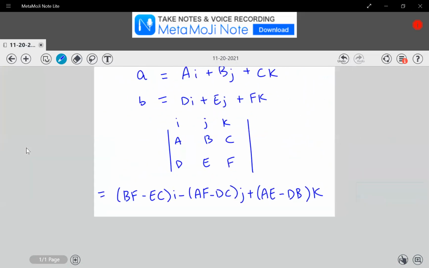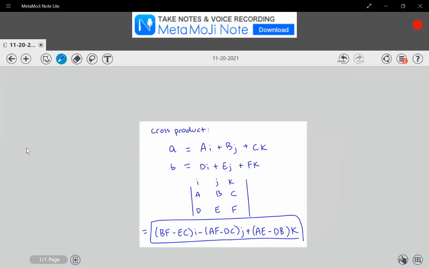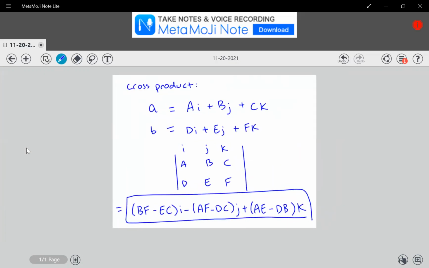This is the formula right here to find your cross product using matrices. I find this personally to be much easier than actually finding the angle, but of course the method is up to you. So that's where I'm going to stop here for cross product.